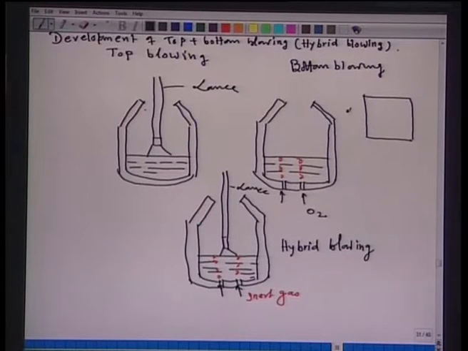This is percentage carbon per minute against blowing time, 0 to 100%. This is the main part of the blow, main blow. This is the end blow and this is the initial blow.